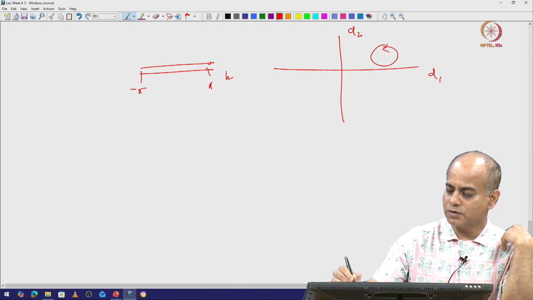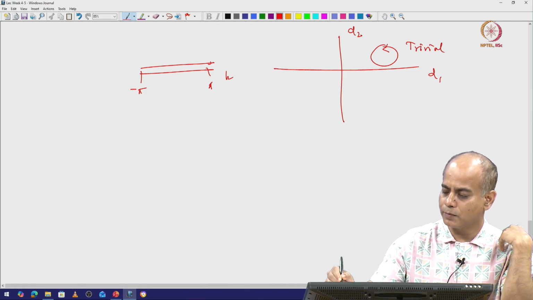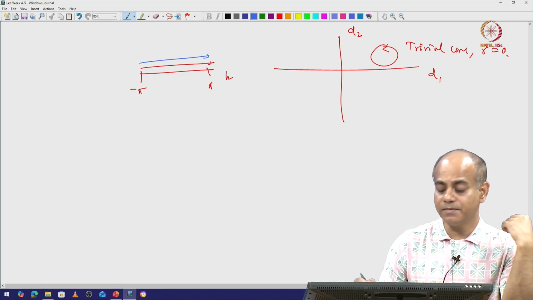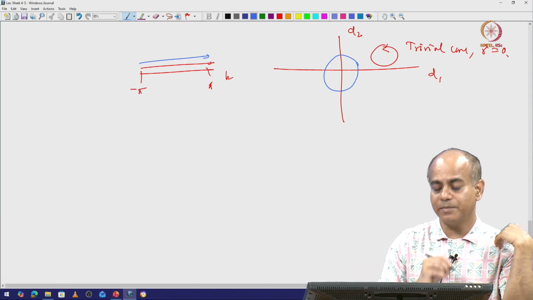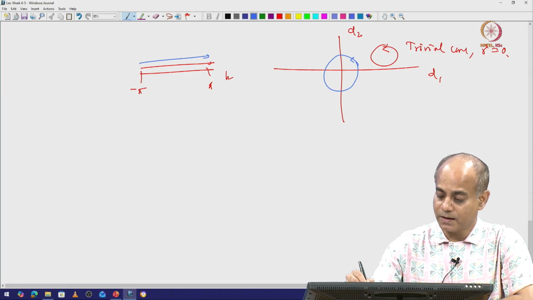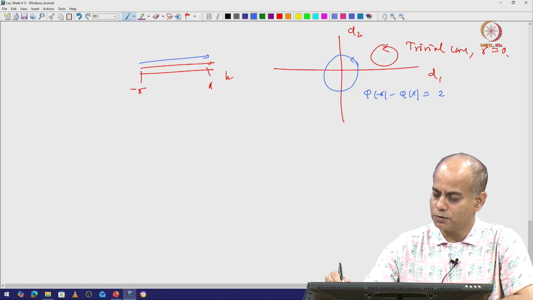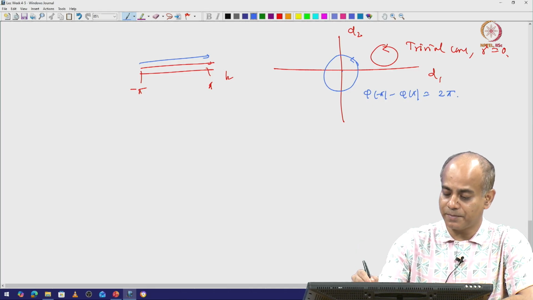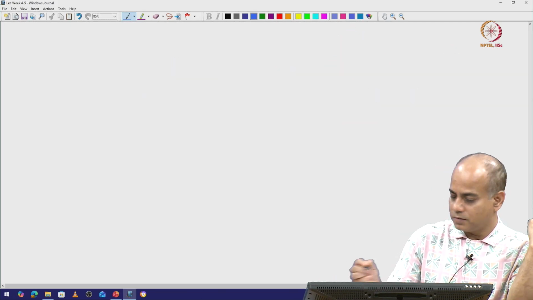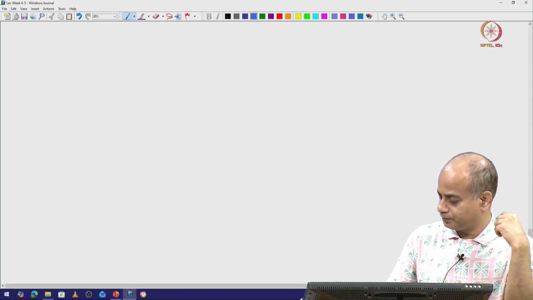So, this is a trivial case, with gamma equal to 0, and the non-trivial case would be as we go again the same thing, but now the parameters are different in such a way that we go through this point, and then phi goes from minus pi to phi plus equal to 2 pi, because we are sort of wrapping around the center. Now, let us take an example.